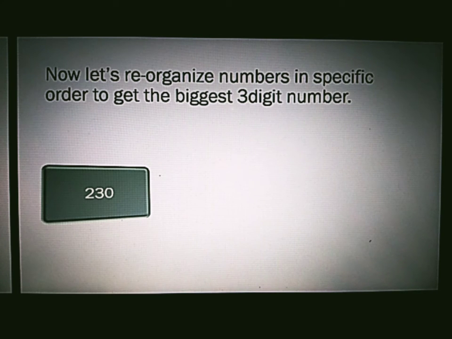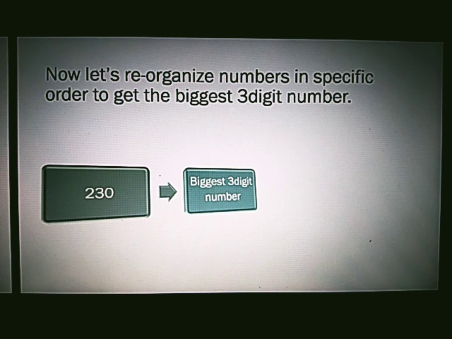First we will have to write the biggest number, that is 3. Then we have remaining numbers 2 and 0. 0 is the smallest number but 2 is bigger than 0, so we will write 2 after 3 and then we will write the remaining number, that is 0. So we get the biggest 3-digit number out of 230 is 320.